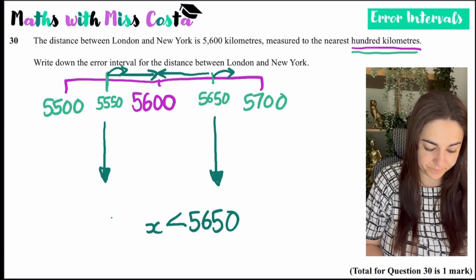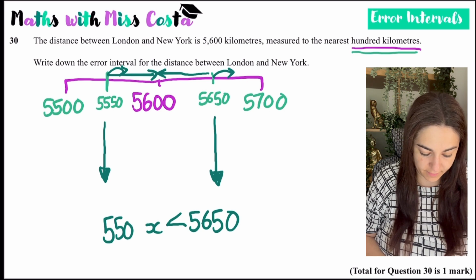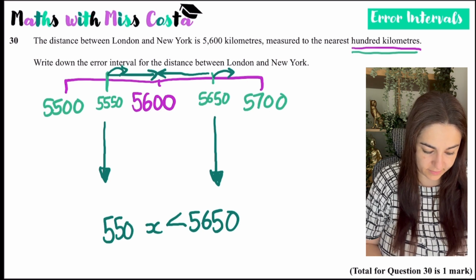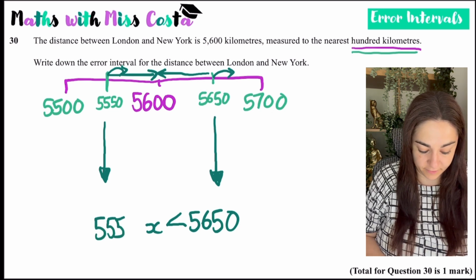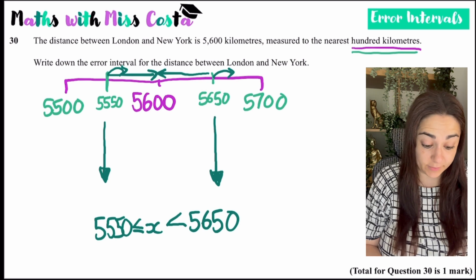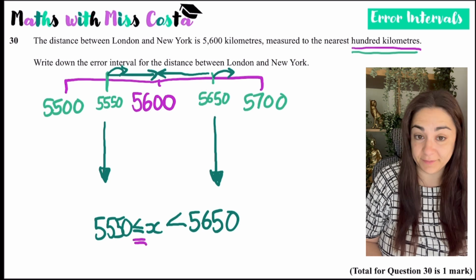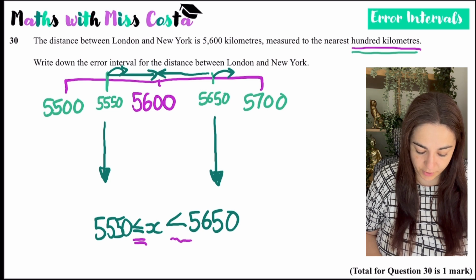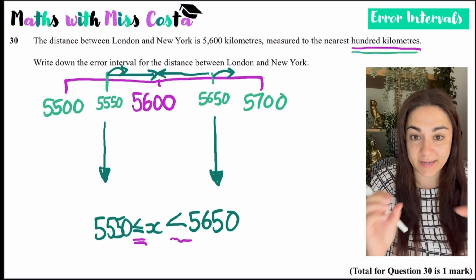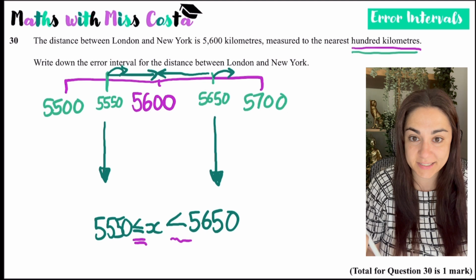So I'd say 5,550 is less than or equal to. So it's less than or equal to because it still could be this value. It would still round to 5,600, but it's only less than 5,650 because it can be anything up to that point.